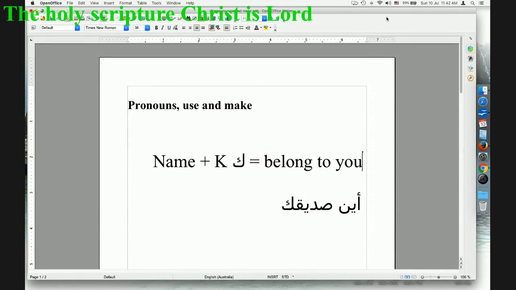I think this is very simple and easy. All right. So we add the letter ka, or K in English, to any name. So let us say I have a car. Car in Arabic is سيارة.